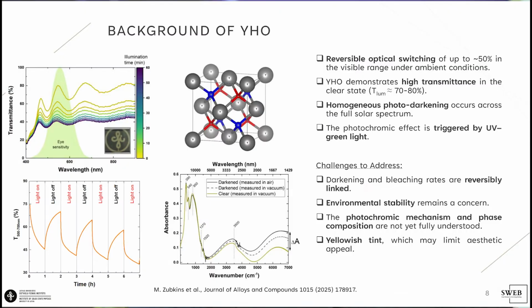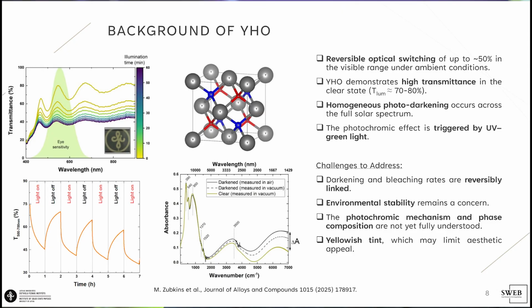Well, what are the challenges? It seems from our experiments that darkening and bleaching rates are inversely linked. What I mean by that is that if we can make the material with a higher darkening rate, then the bleaching rate will be lower, but in principle, we would like to increase both of these rates.